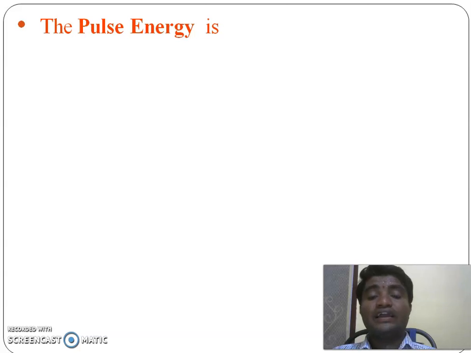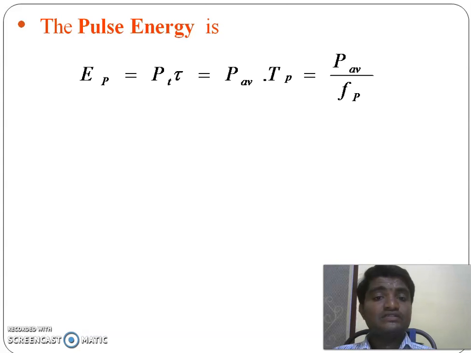Next, we can define the equation in terms of the energy of the pulse. The energy of the pulse equals Pt times tau. This also can be written as P average times Tp, and the time period can be written as 1 by Fp. Therefore, Ep equals P average by Fp. Previously, we got the equation in terms of average power.